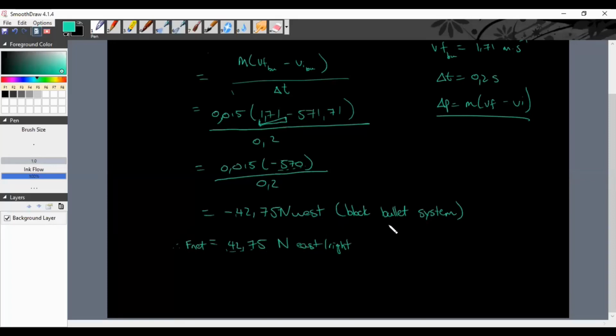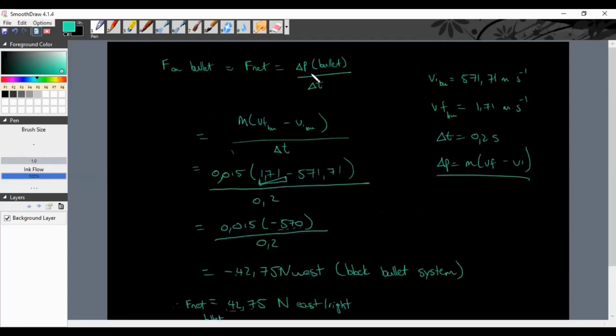Is anyone still confused? Speak now, you can stay a bit longer. What's the difference? That's a good question. So the F net of the bullet, remember I wrote from the beginning on top here, we just want to know the force on the bullet.